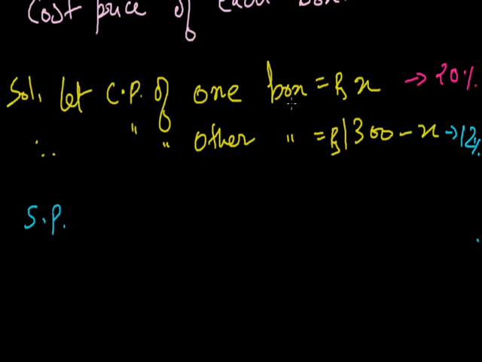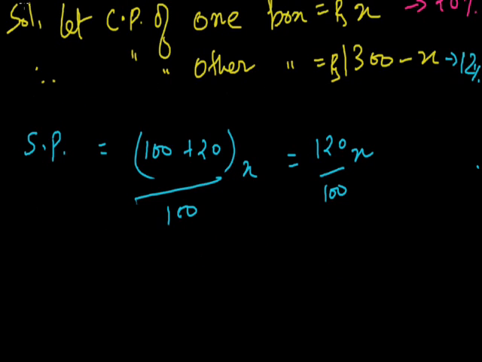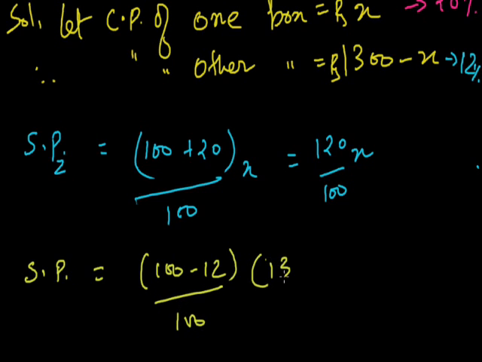Now since the first article was sold at a gain of 20%, its selling price will be 100 plus 20 upon 100 of X. That comes out to be 120 upon 100 X. Now the selling price of the other article, which was sold at a loss of 12%, will be 100 minus 12 upon 100 of 1300 minus X. From 100 we have subtracted the loss percent, and since it is in percent we have divided by 100, and the cost price was 1300 minus X. So this will give you the selling price.